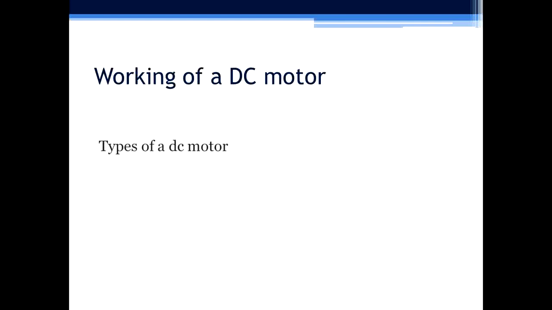Now let us understand how a DC motor works. In order to understand DC motor working, you need to understand the working principle of DC motors from a previous electrical machines course. So I will just give you an overview. Any motor has two parts. The first part is called the armature part and the second part is called the field part.